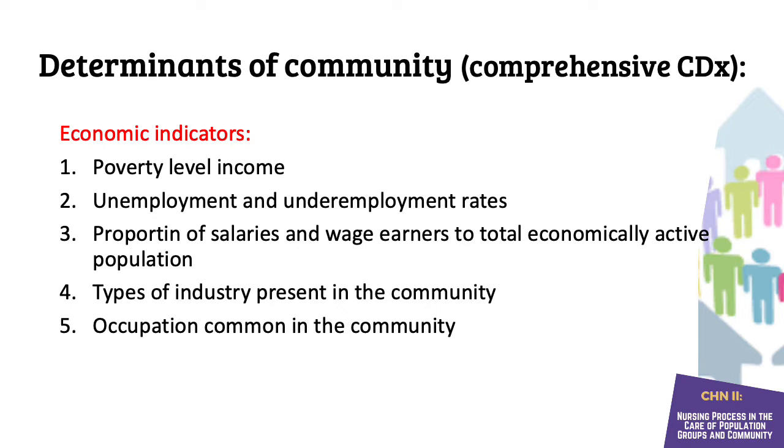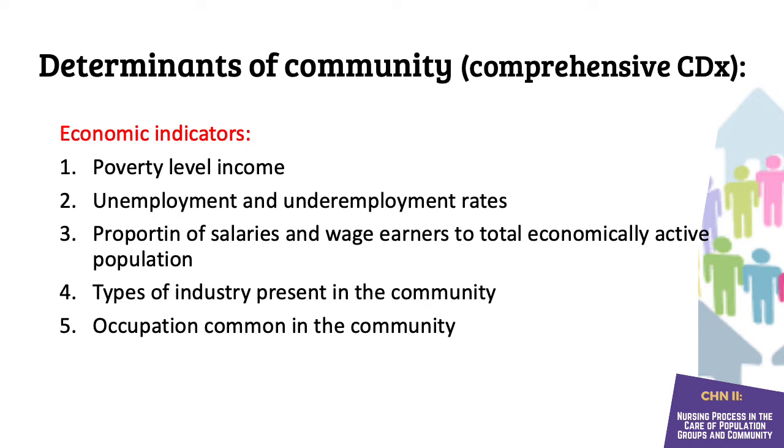Okay? So, in number 4, we have the types of industry present in the community. So, industry, as defined in macroeconomics, is a branch of an economy that produces a closely related set of raw materials, goods, and services. Okay? We have the occupation common in the community, which refers to the occupation that is most common in a community.